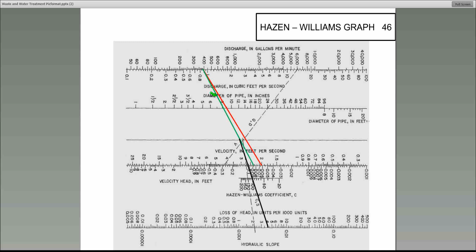So you draw a line through the 8-inch pipe. There's a 6-inch, there's an 8-inch. Draw this green line through the 8-inch pipe. You come up to this pivot line, and we're still following the green line. And we want to go to the velocity, which is 2.39. So we pivot here, draw a straight line to 2.39.